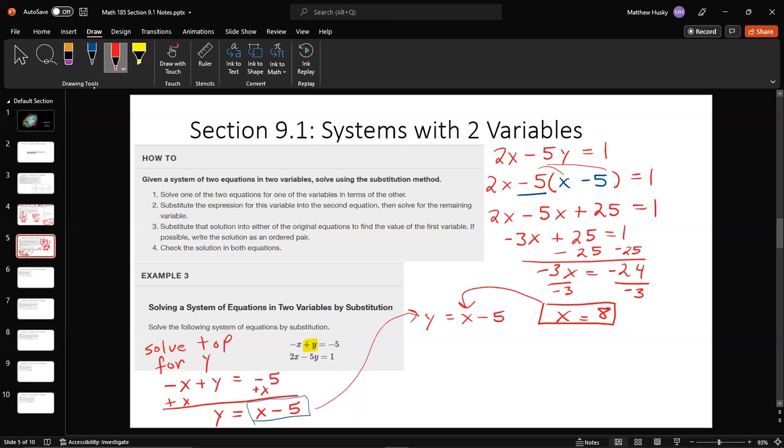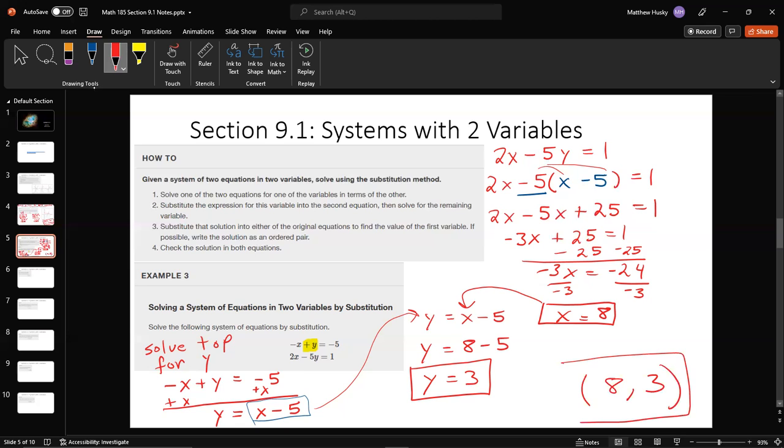And so then when I do this, y is going to equal 8 minus 5. 8 minus 5 is the number 3. So we have a value for x, we have a value for y. And then to finish it off, we're going to write our answer like the coordinate of a point. We're going to write it in the form x comma y. So you would write that as 8 comma 3, and that would be the point of intersection.